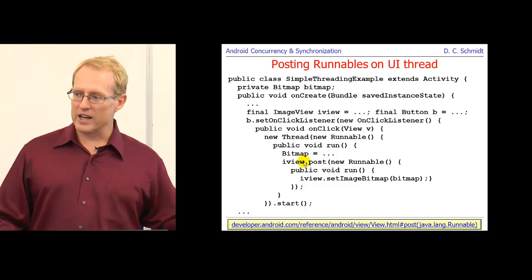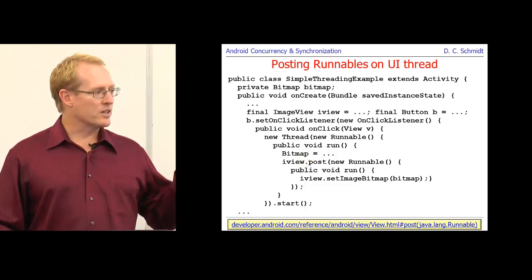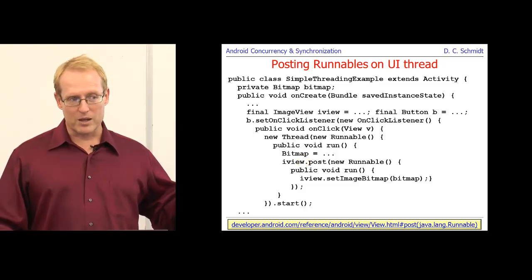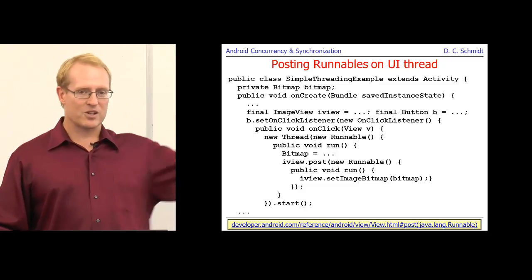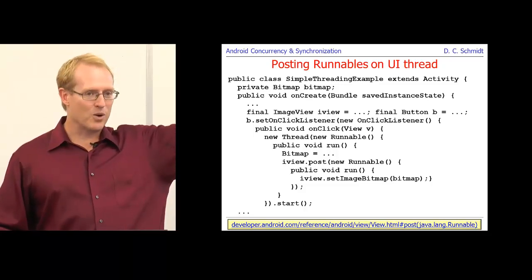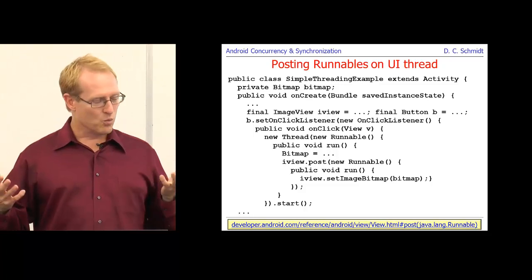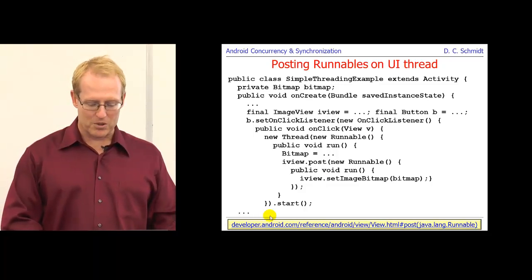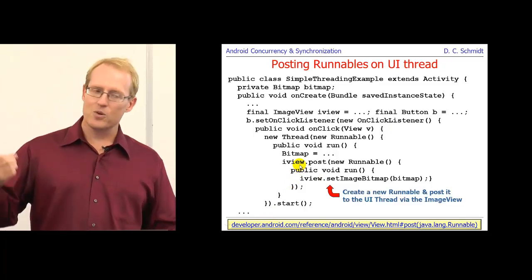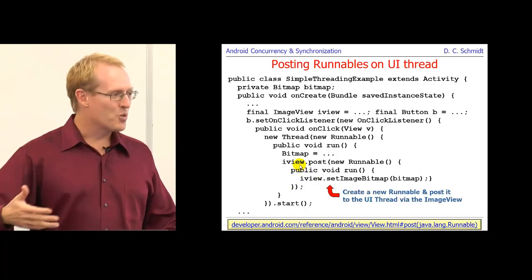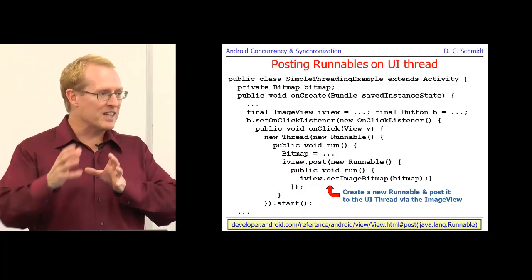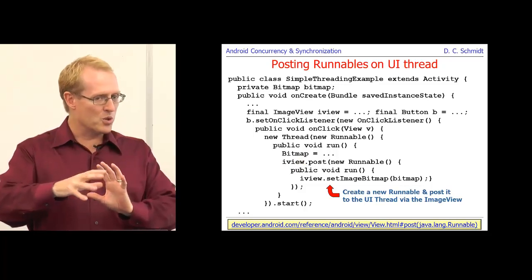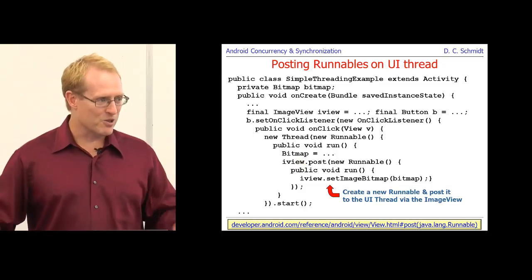So if you're running in any thread of control and you want to post a runnable to an image view that's going to actually get executed in the main thread, the UI thread, because remember you can't run widgets like image view from anything other than the main thread, all you have to do is make your runnables and post them to the image view objects, which inherit from view, which have a post method, which ends up feeding things into that event queue that's managed by the looper thread for the user interface.